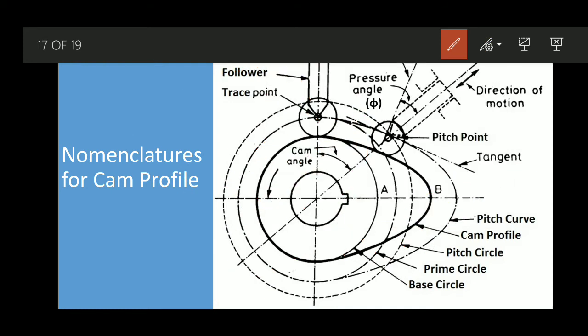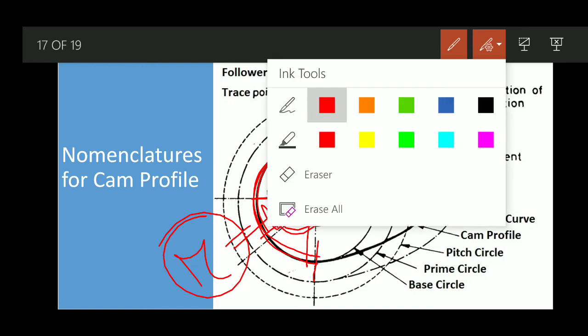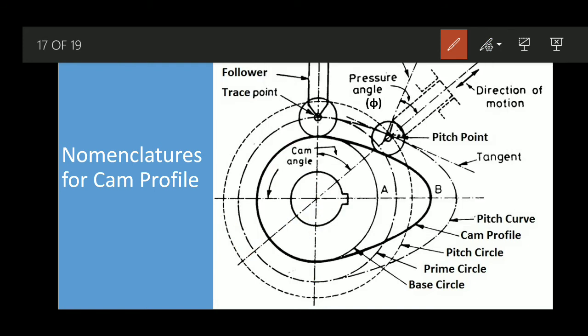We know that the cam is continuously rotating, but if you see, suppose from here to here, actually there is a constant radius curve, that is from here to here, whatever the distance is, that is constant. So this constant radius curve is there, and we know this particular cam surface is responsible for giving the motion to this particular follower.